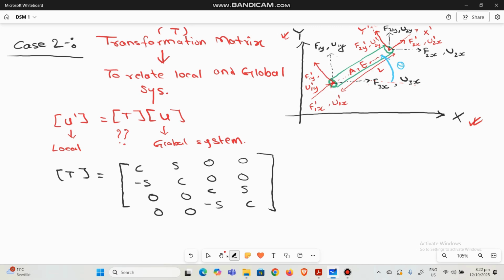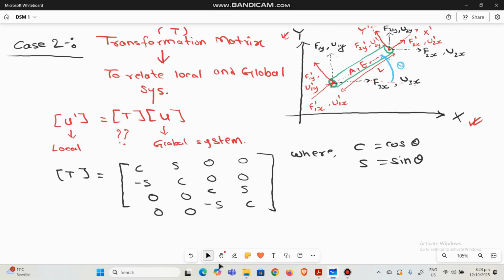So this is your transformation matrix, which you can use to convert the global coordinate system to local coordinate system, where C is cos theta and S is sin theta. You will see its use in a practical numerical.